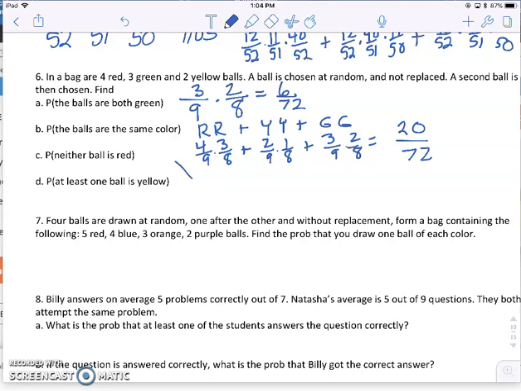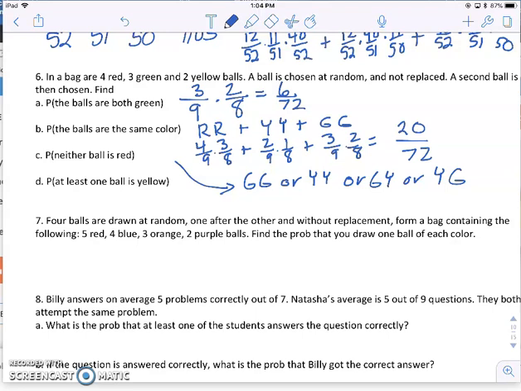Neither ball is red, so we could draw a green, green, yellow, yellow, or green, yellow, or yellow, green.